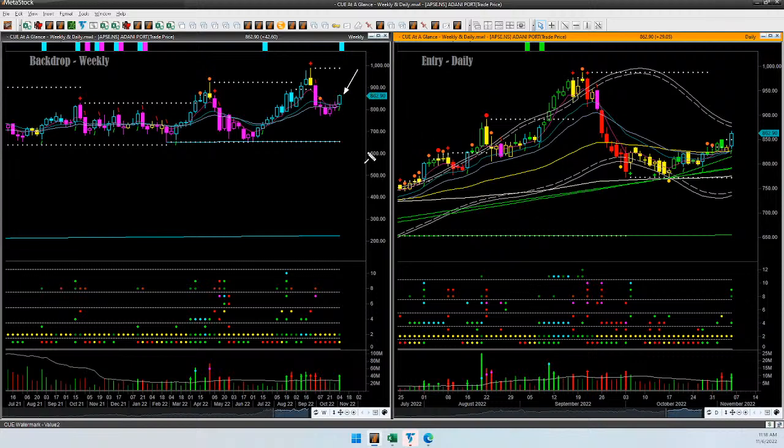The weekly shape and color both are bullish, the first bullish backdrop color after a number of weeks of bearish color. In the daily, it came down sharply, started to go up following these trend line supports.